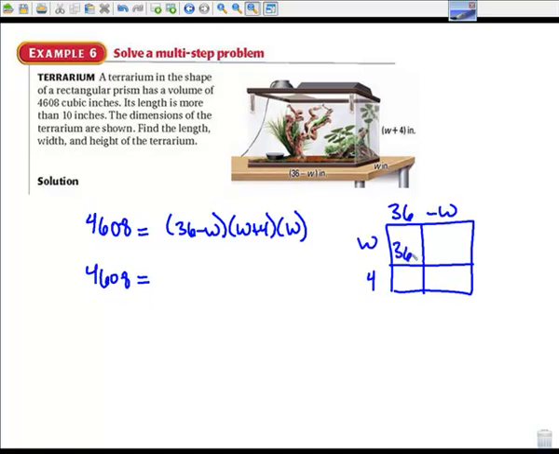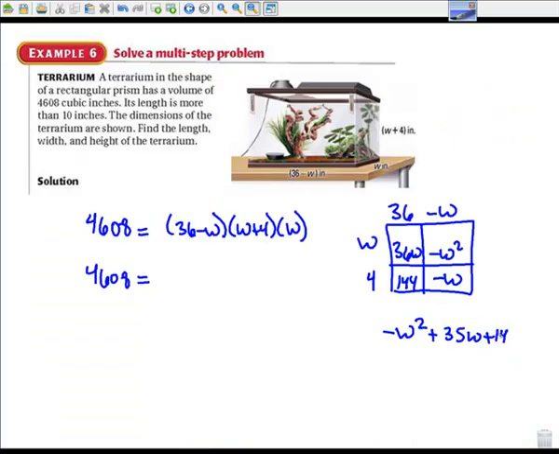This gives me 36W, negative W squared. 36 times 4 is 144. And I get a negative 4W. My like terms are still on the diagonal, they're just in this direction now. So that gives me negative W squared, and then I end up with plus 32W plus 144.